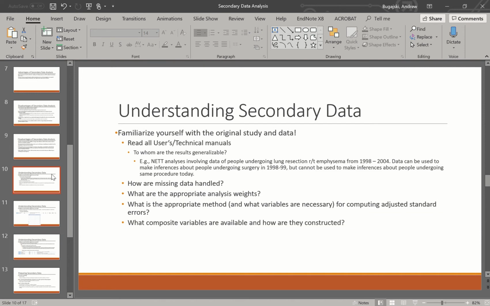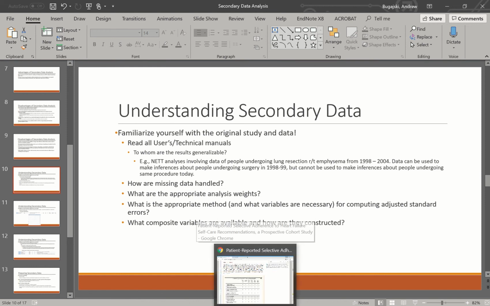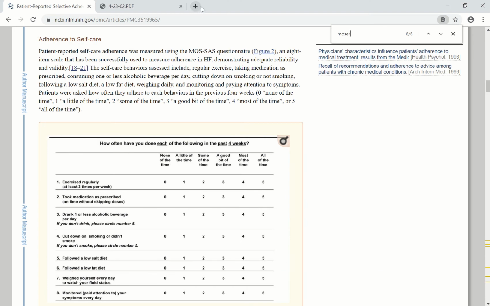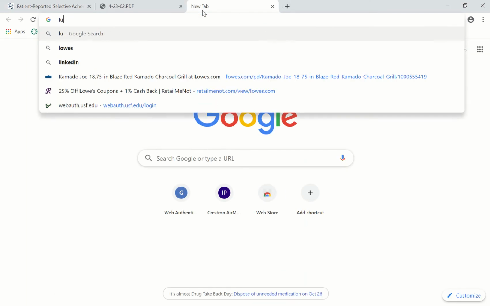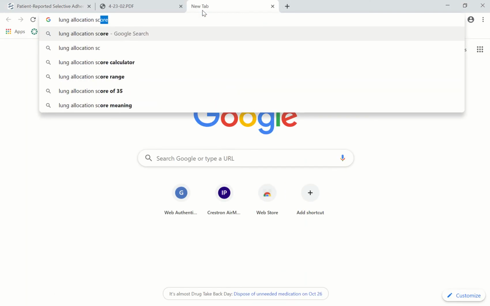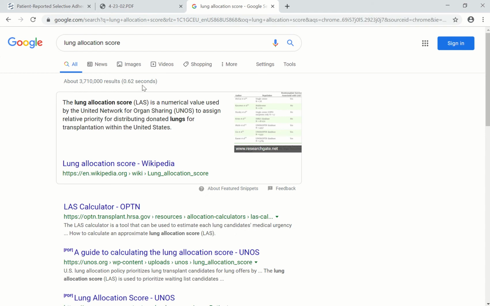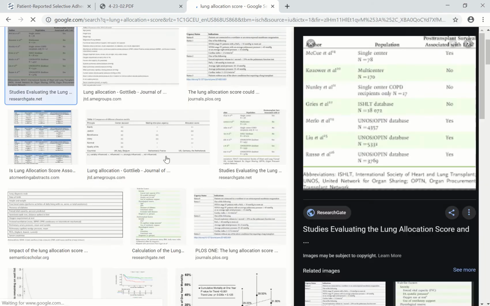So if you go back here, let's see, composite variables are available, and how are they constructed? The LAS is a composite variable. It's made of stuff. So if I go here, allocation score, we can click on it. Oh, that's not what I wanted.